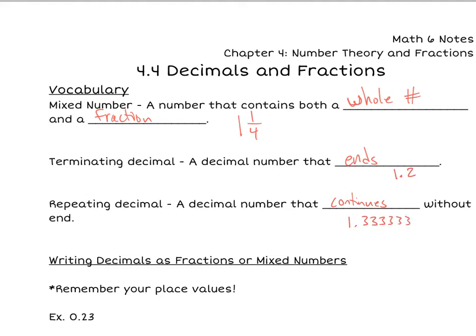Do you know the symbol that you can put over top to represent that? It's like a line. 1.3 with a line over it means that 3 repeats forever. Did not know that? Well, now you know.